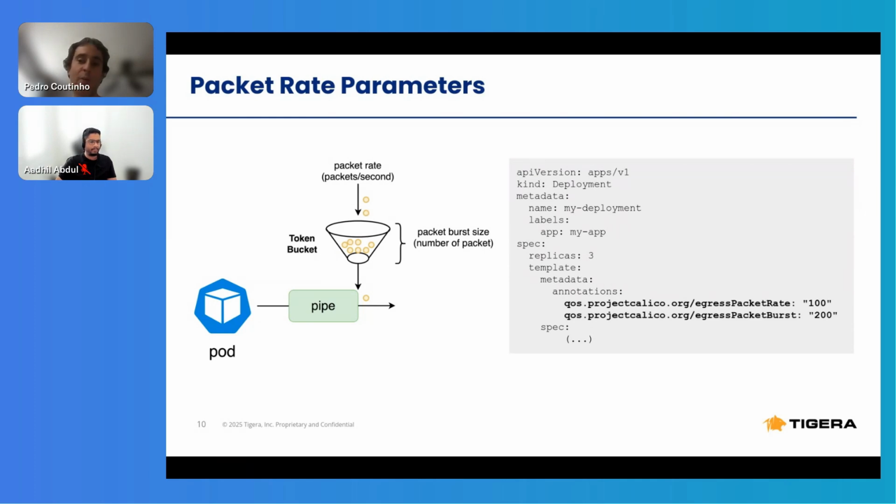That can still allow for an attack that floods the network with small packets. So that's why it makes sense to have a control for packet rate as well.